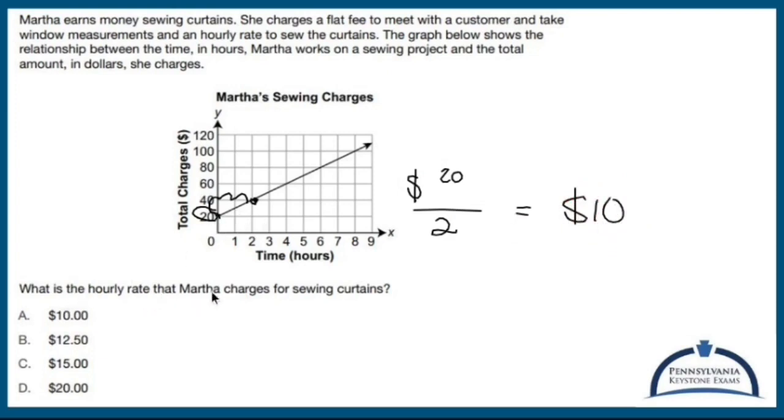What is the hourly rate that Martha charges for sewing curtains? So that's it right there. The hourly rate is $10. That is the slope. So whenever you look at an equation and it gives you a slope and a y-intercept, the y-intercept is where you start out and the slope is a rate. And in this case, we care about the rate of $10 per hour. Denzo.